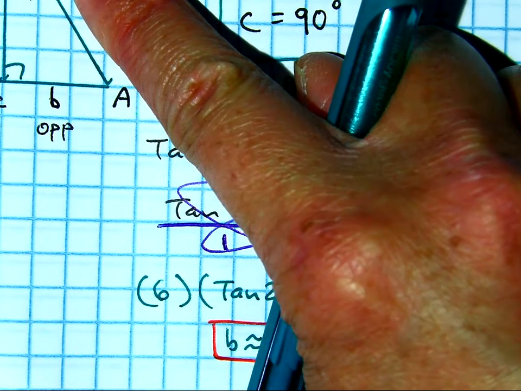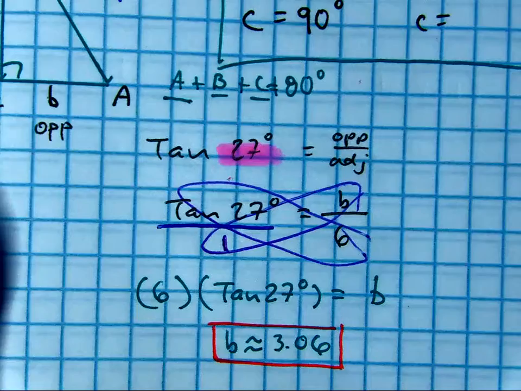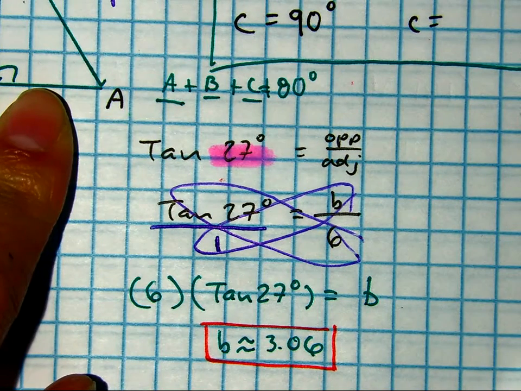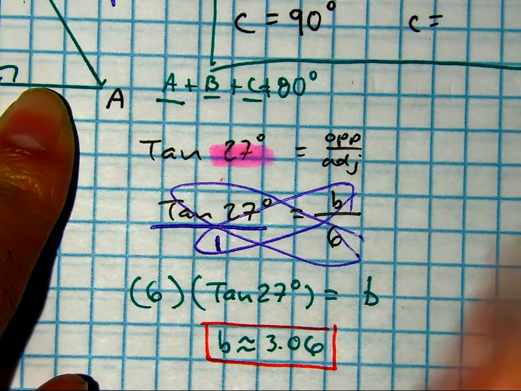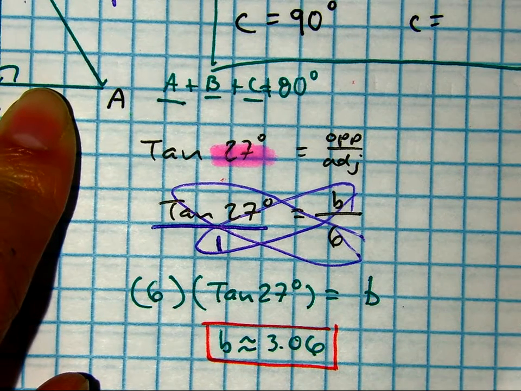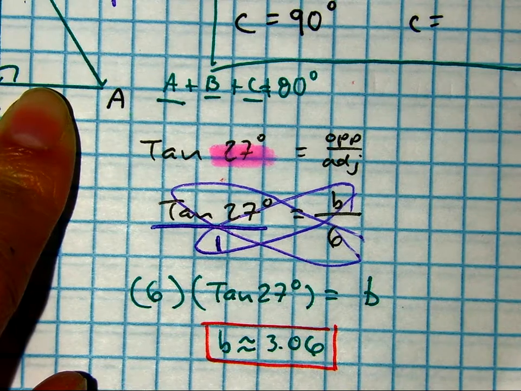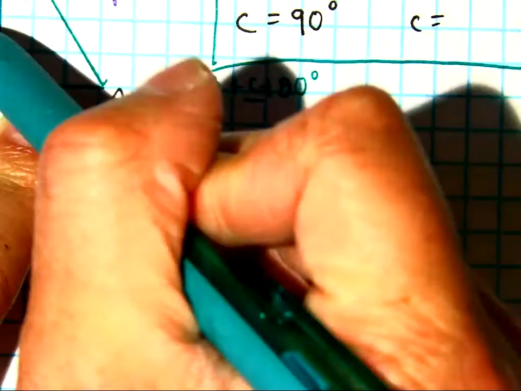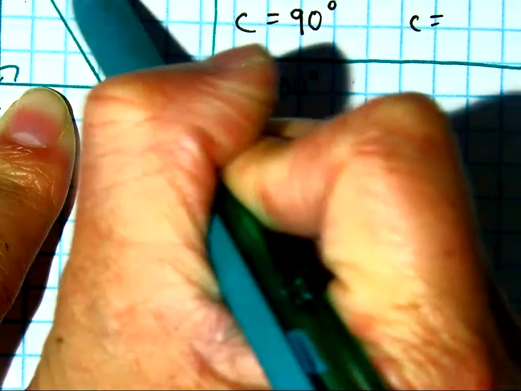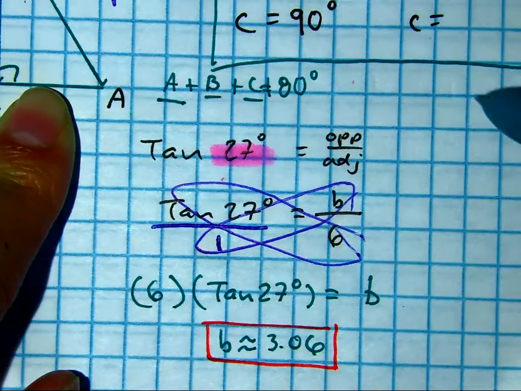Partner A, whisper to partner B which trig function and why. On the count of 3, ready? 1, 2, 3. We have A and H. That would be cosine. Cosine of 27 equals adjacent over the hypotenuse.